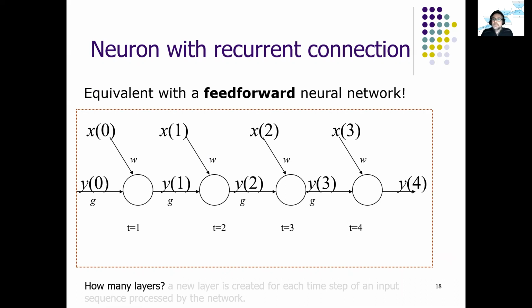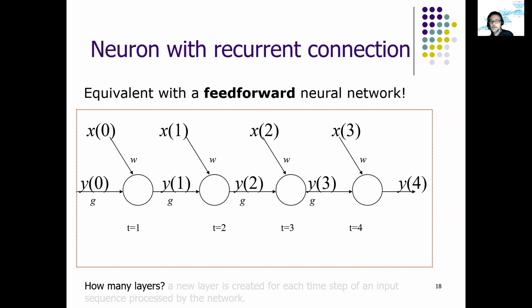So basically, what we say is that by unfolding the operation of the node in time, what we have is just a feed-forward neural network. So this is just one recurrent node unfolded in time. It will become like a network with 4 nodes in this case, because I have 4 time steps. Each time I run a step, it's like introducing a new node, or if you have a network, a new layer.